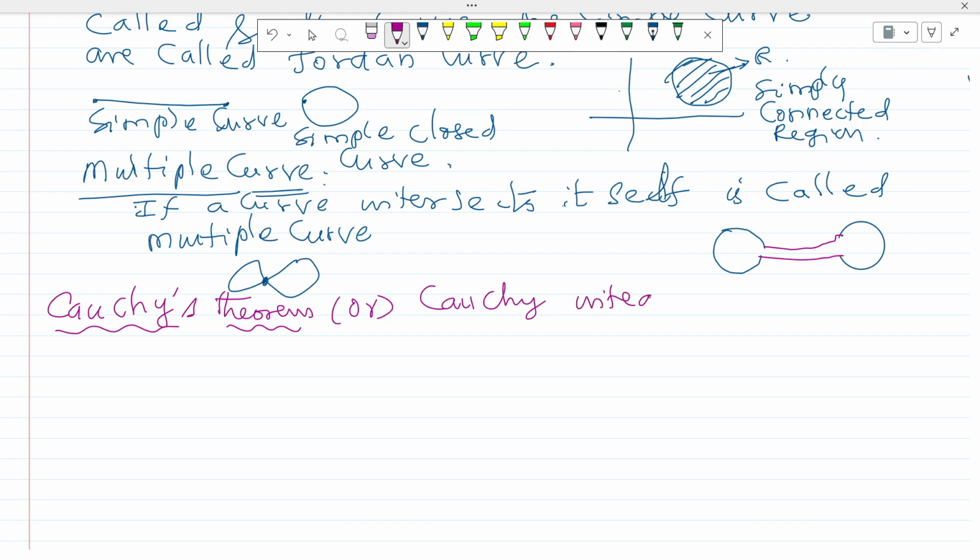Not integrals, only integral. Cauchy integral theorem.